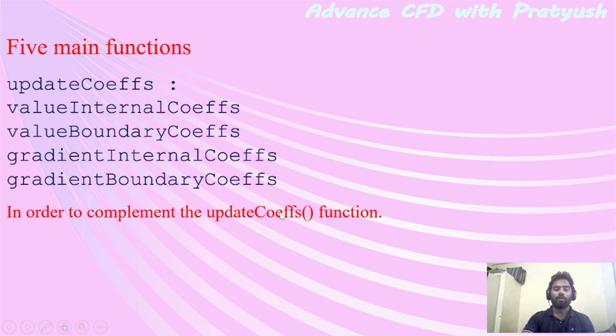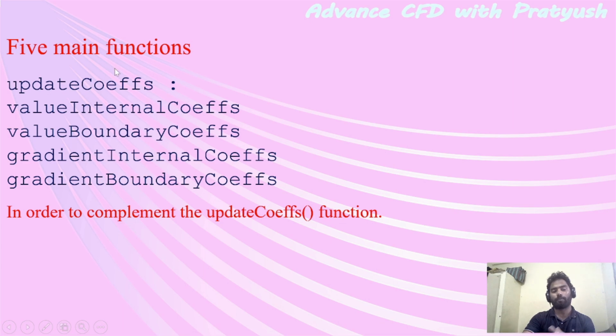Here I am going to discuss the first function, updateCoeffs, and the other functions we will discuss parallelly when we have more idea about the geometric field and the fvPatchField in more detail.